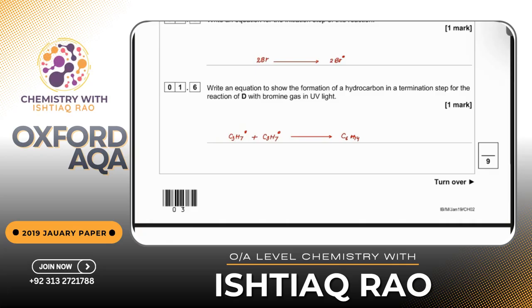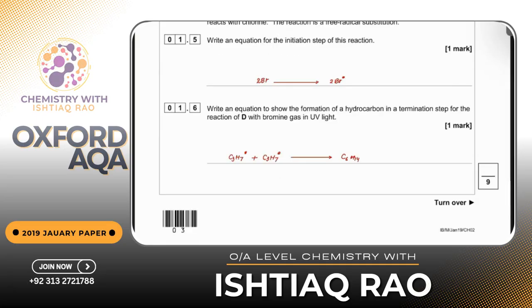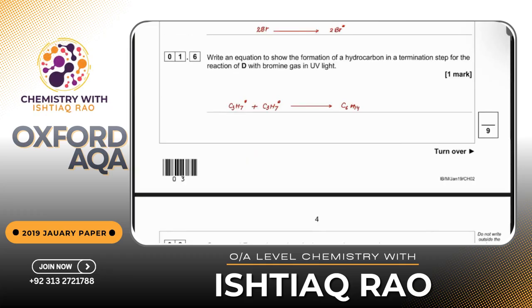But in this question, they have given us a reactant that is C3H8. So where does it come from? See this. I have reacted C3H8 with bromine radical.